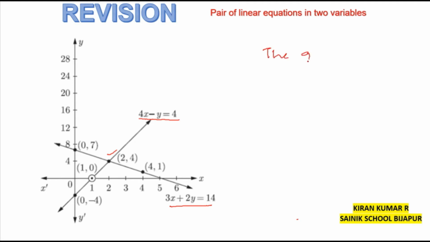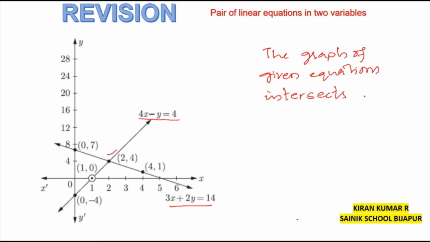The graph of given equations intersects at 2, 4. Therefore, the value of x is 2 and the value of y is 4.